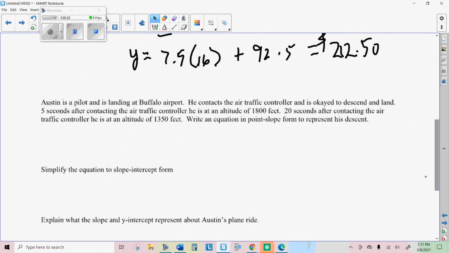All right, let's try another one. I'll see if you can do it. I'll just kind of get you started, get you the points, and then you can try and write the equation. First write it in point slope and then simplify it to slope intercept form. So Austin is a pilot. He contacts air traffic controller, knows okay to descend and land. 5 seconds after contacting the air traffic controller, his altitude is 1,800 feet.